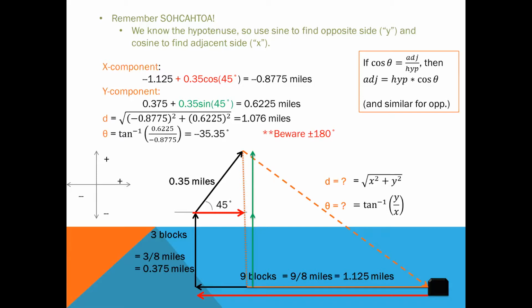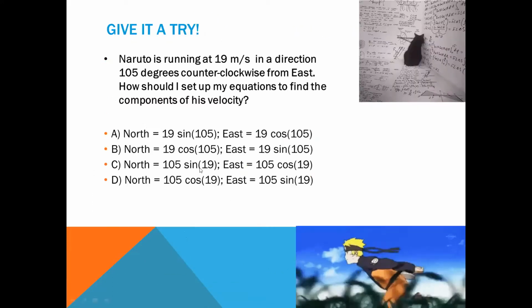So we want to make sure that we're measuring our angles according to standard convention, which is from the positive x-axis. And so we need to really pay attention to what angles we're being asked to find here. Okay, so this would be the angle from the positive x-axis that is negative 35.35 degrees.